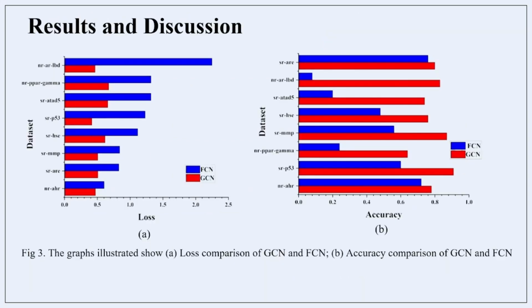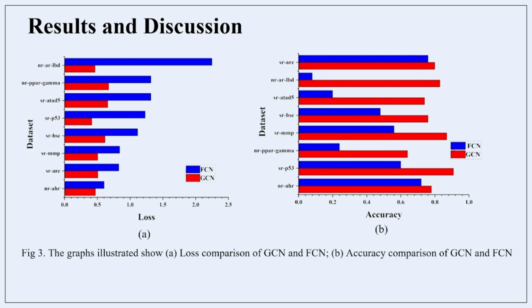Moving on to the results and discussion. GCNs are more than capable of detecting different parts of a molecule and relating the properties of atoms to each other.